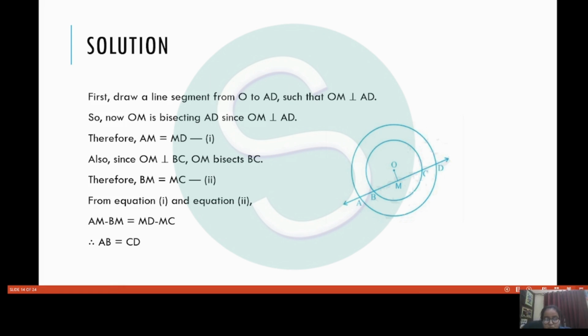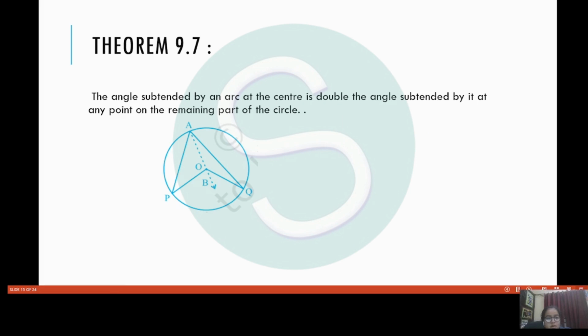Now we will move to the next theorem, which is that the angle subtended by an arc at the center is double the angle subtended by it at any point on the remaining part of the circle. Here PQ is our arc and it forms two subtended angles.